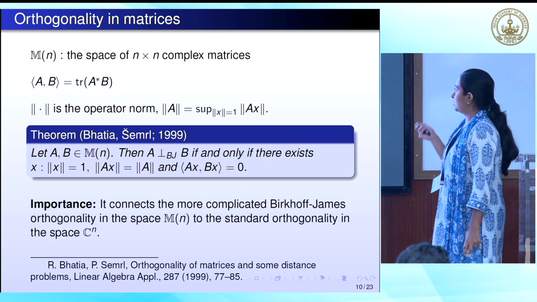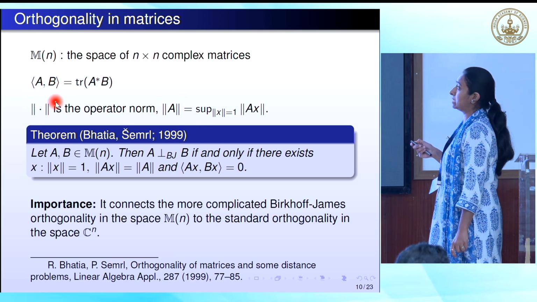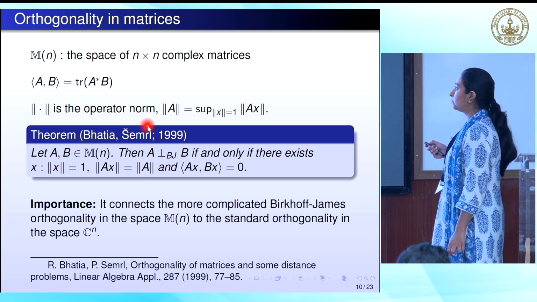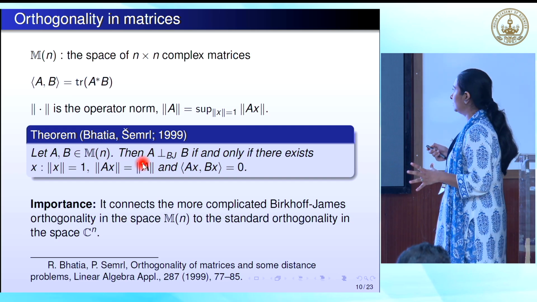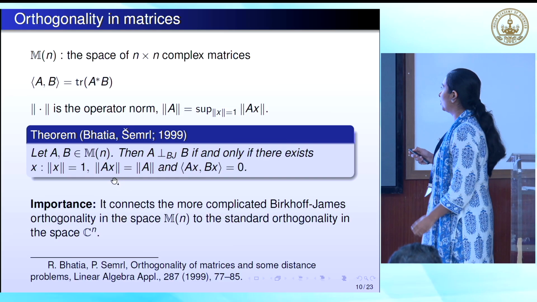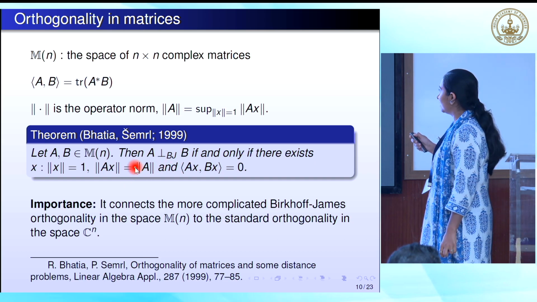So here is my situation in M_n. I'm back in M_n. Remember that I had an inner product, but this is the operator norm now. For two matrices, Bhatia and Šemrl in 1999 had this remarkable result, which has these days a lot of studies going on in the past decade.